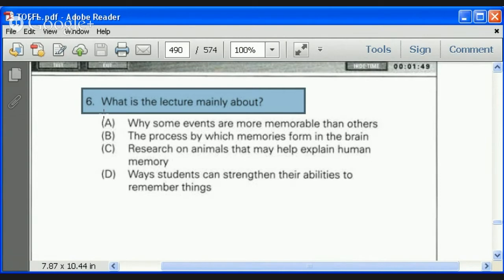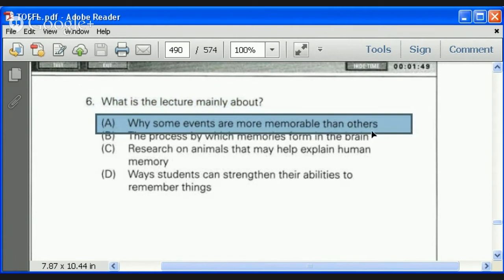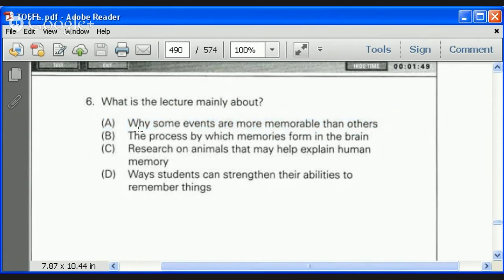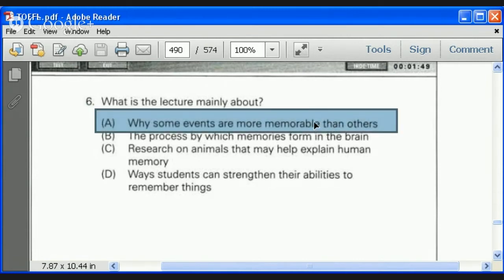Okay. Obviously, it's about memory. Why some events are more memorable than others? No, although that may be inferred from the information, it is never directly spoken. So be very careful. You should not be inferring anything. Don't infer things.